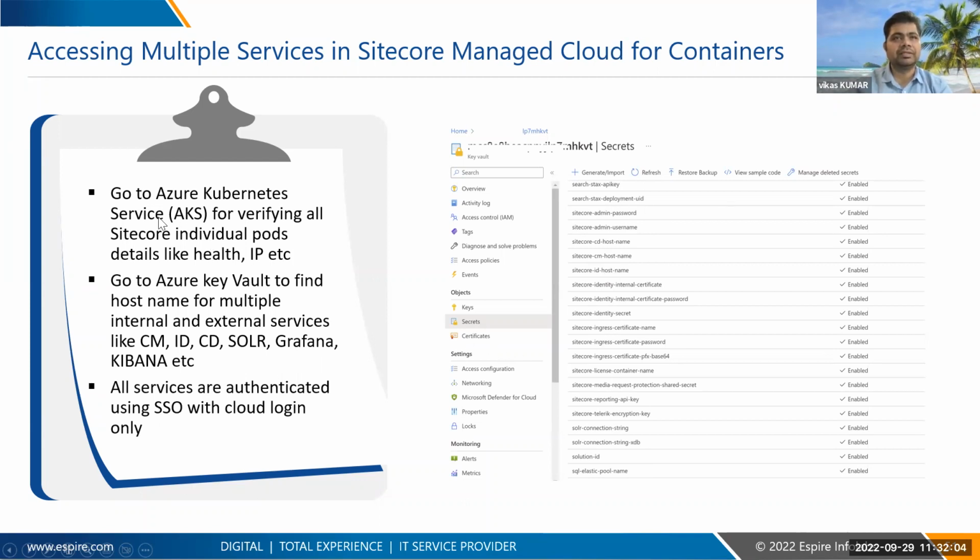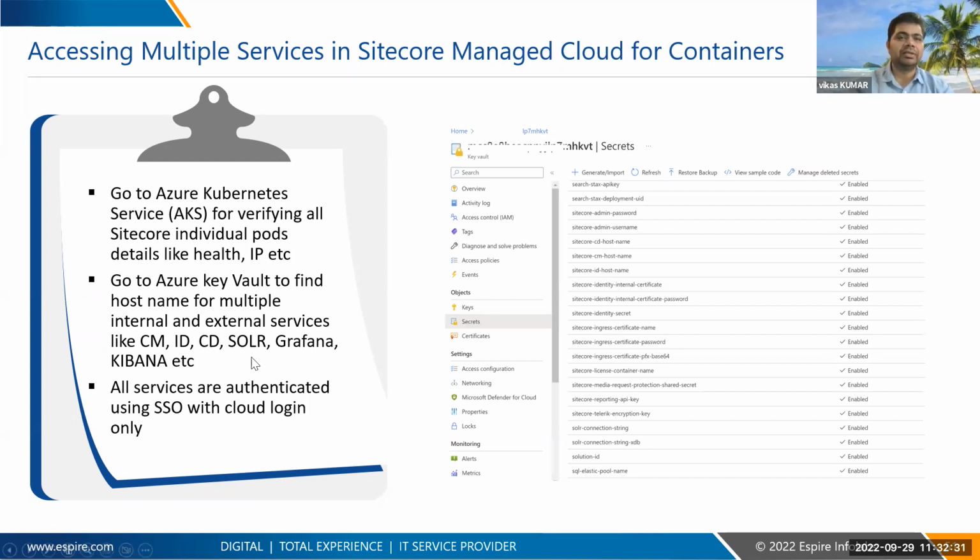So first, you need to understand a little bit of how the AKS works. You need to understand about the Azure Key Vault. That is important to know details about your different services and their communication. And once you log into the ID or the additional Solr, Grafana, or Kibana instance, most of these services are authenticated with your cloud instance URL only.